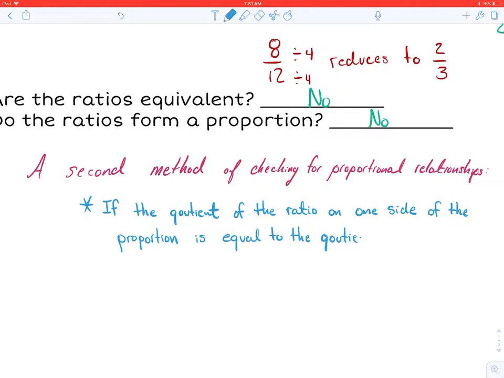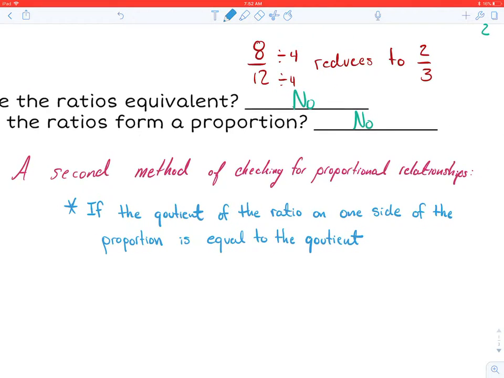I know this is going kind of slow, but I definitely want you to be comprehending it as we go. So if the quotient of the ratio on one side of the proportion is equal to the quotient of the other ratio, then the ratios have a proportional relationship because they're equal to one another.